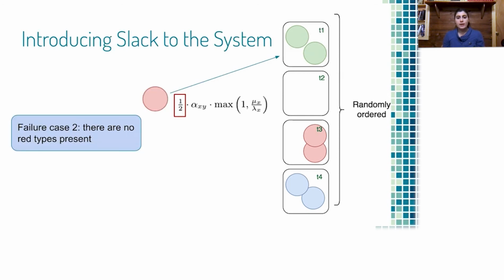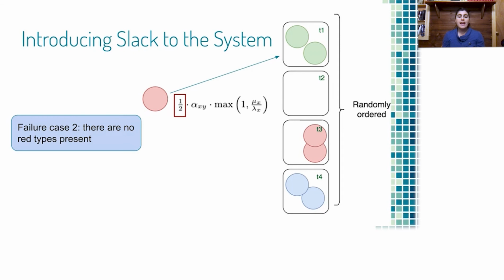Another technique that we employ to get our approximation is introducing slack to the system. So note here we have this expression I've shown before, this probability that we're using in our algorithm. And we talked about the alpha, we talked about the max, but we haven't talked about the 1/2. So this 1/2 is allowing us to have a guarantee, with pretty good probability, that we will have types in the system at any given time to take advantage of matches that are really good.